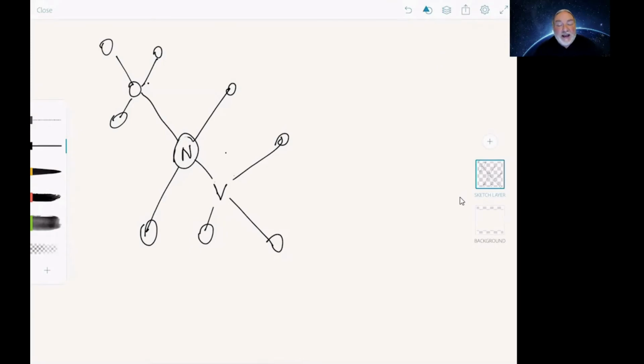Okay, so you've got a nitrogen atom next to a vacant cell, and the two of these actually bond, and they act like one physical entity. It's called the NV center, and it actually has quantum spin.